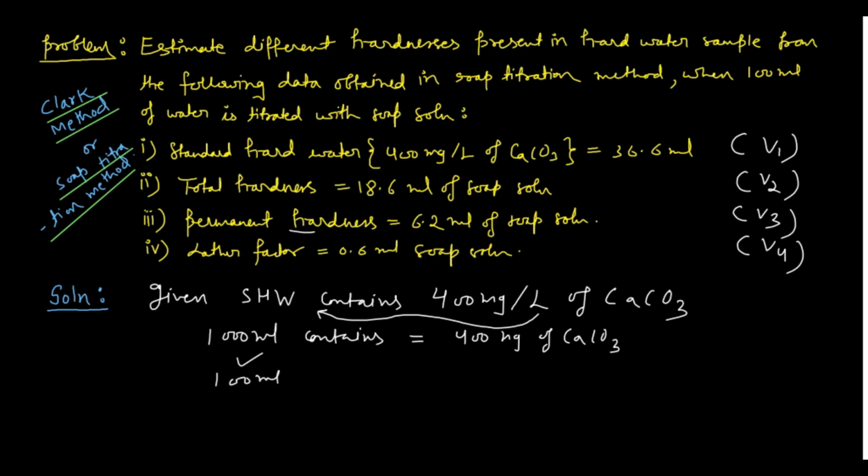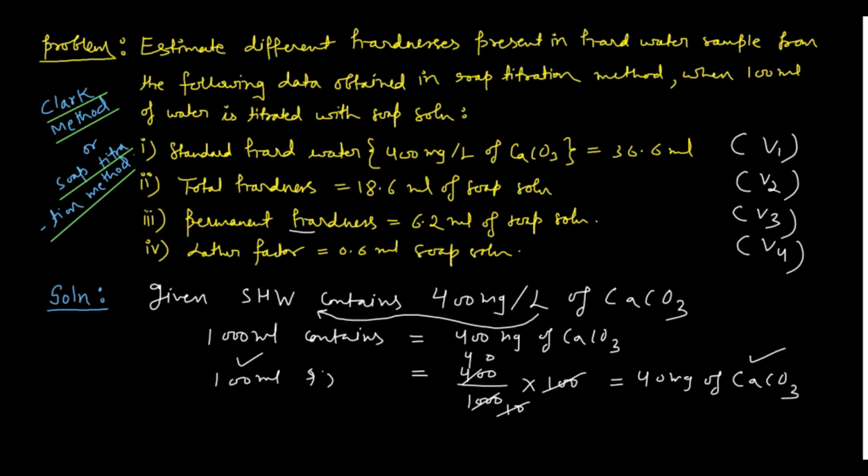So 100 ml of water will contain, quite simple, 400 divided by 1000 multiplied by 100, that is 40, and it contains only 40 milligram of CaCO3. First of all, you need to do this step, right? Only after that you will be able to solve the particular problem.